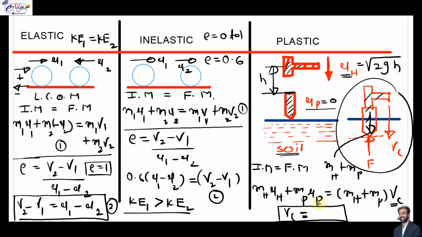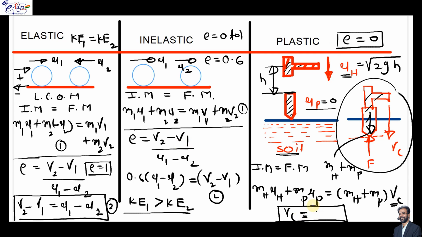We can calculate this common velocity using the law of conservation of momentum. There is no need of a second equation here because there is only one unknown to calculate. As E is 0, there is no use of the formula v2 minus v1 over u1 minus u2. So VC we can calculate here.